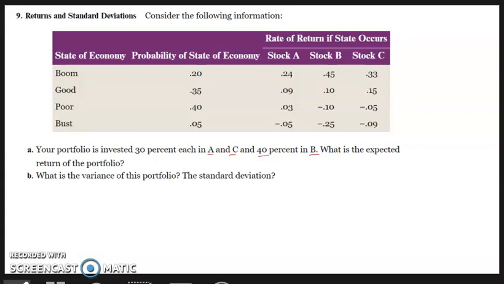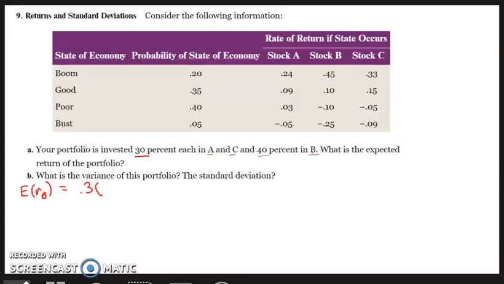So, all right, the expected return for boom is going to be the 30%, so 0.3, times 24%.